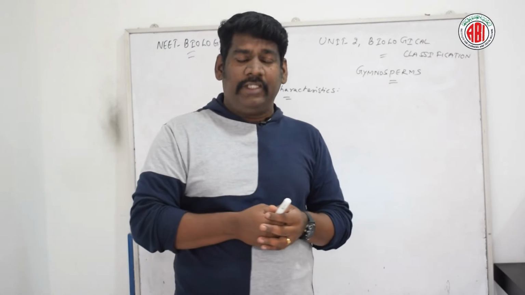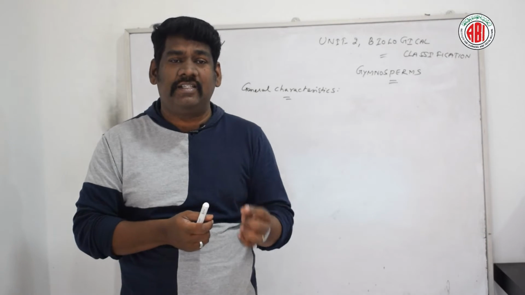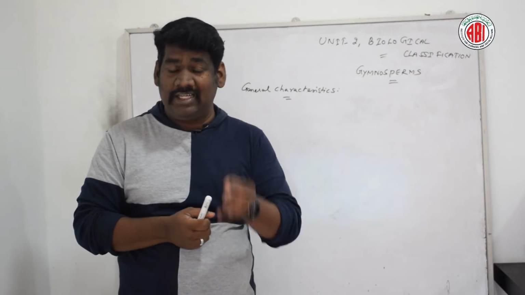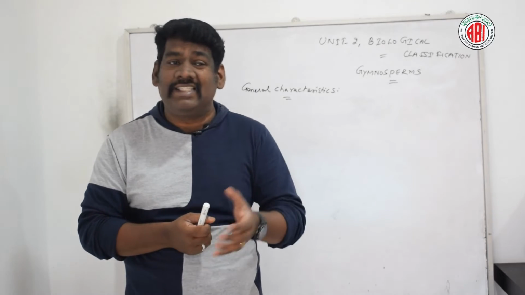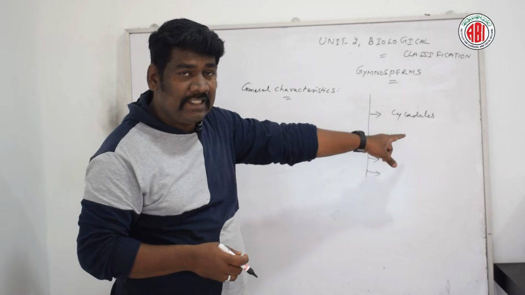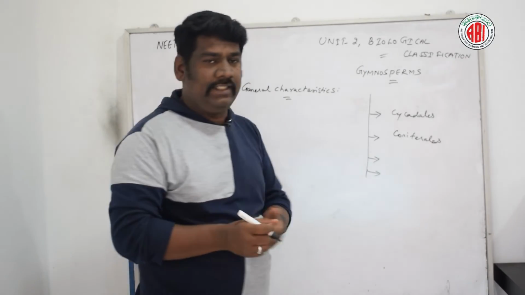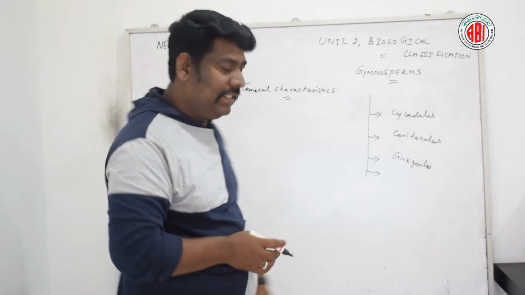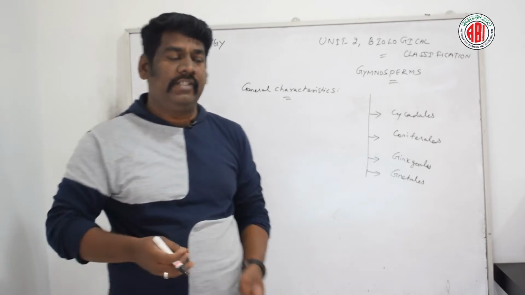Okay, talking about the classification of gymnosperms, there are 4 different orders of gymnosperms with living members which still exist. They are Cycadales, the first category, Coniferales, the second category, Ginkgoales, the third category, and Gnetales, the fourth category.